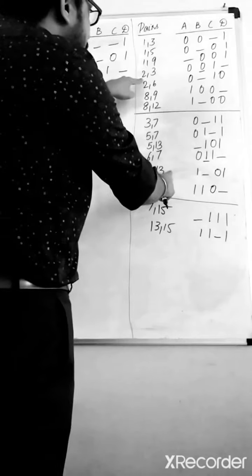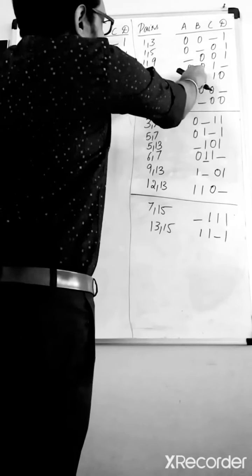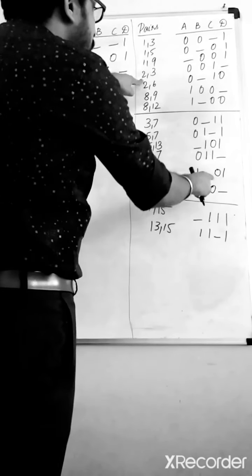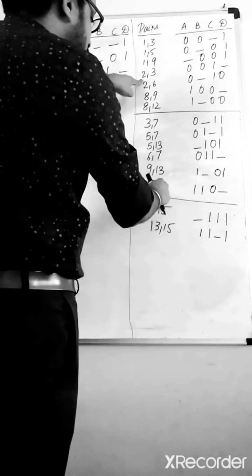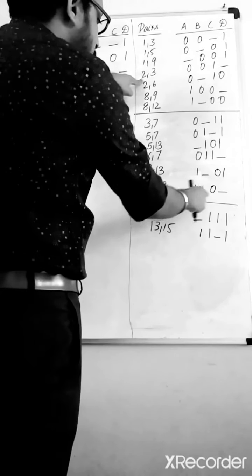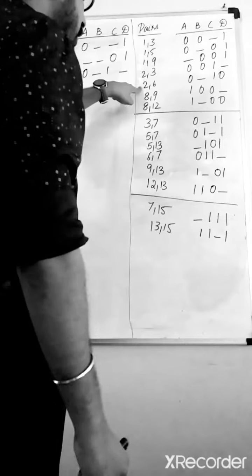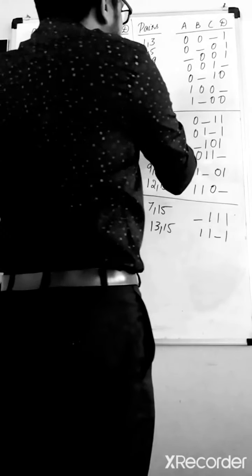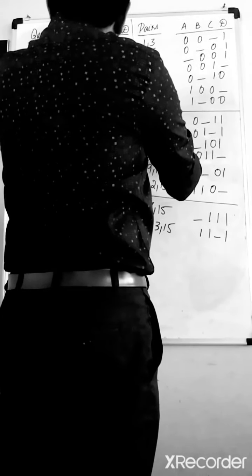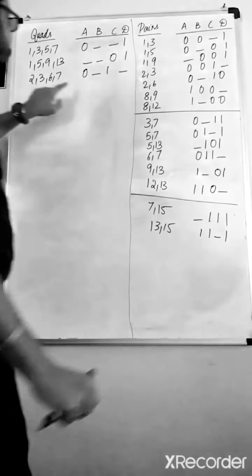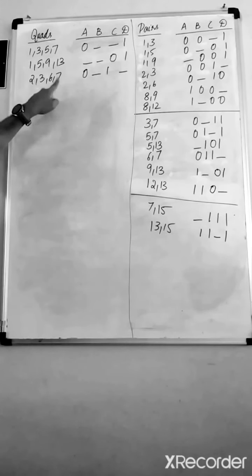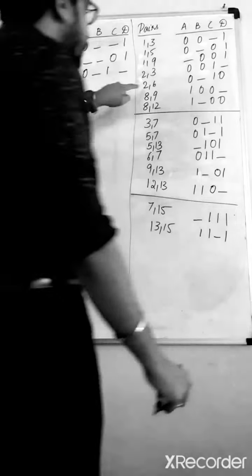Similarly 2, 3, 9, 13. Is it possible? No. 2, 3, 12, 13? Not possible. Okay. Now 2, 6, 3, 7 is already used as 2, 3, 6, 7. Avoid that.